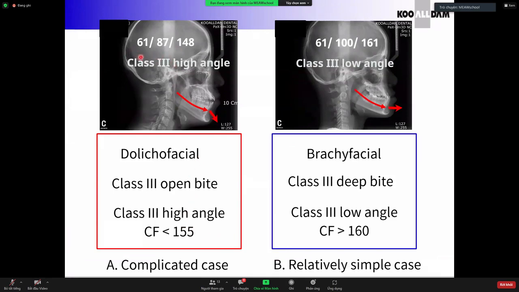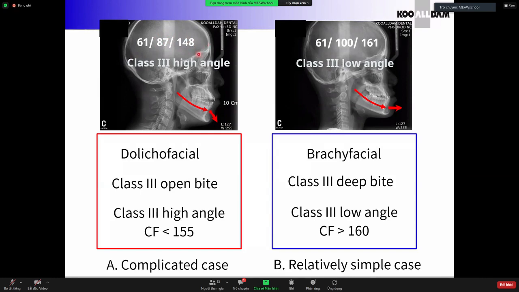If you evaluate this, this is the ODI value, this is the APDI value, this is the combination factor. So you should remember this second value, 87. Greater than 85 means class 3. Combination factor is 148.